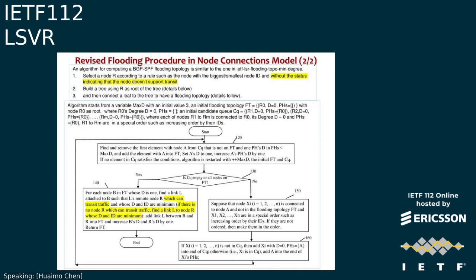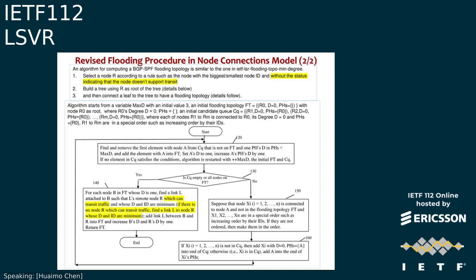This difference is highlighted here. In BGP SPF, we have some nodes which do not support transit. So in this algorithm, we consider this a special case.